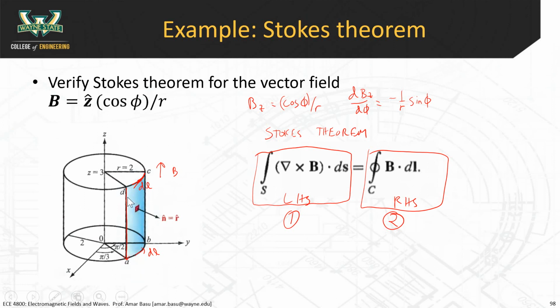So we have to think about what variables we are integrating along that line. Along this line, the variable of integration, z, is changing. So we're going from z equals 3 to z equals 0. We are at a fixed radius and a fixed value of phi. Phi here is equal to pi over 3, and our radius is equal to 2.